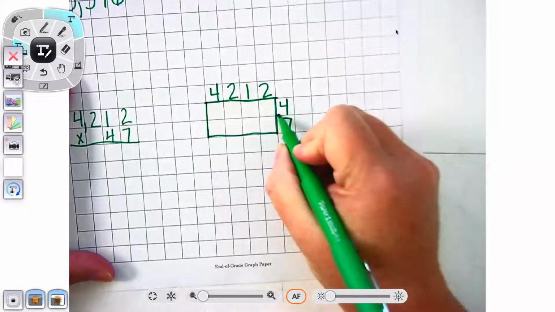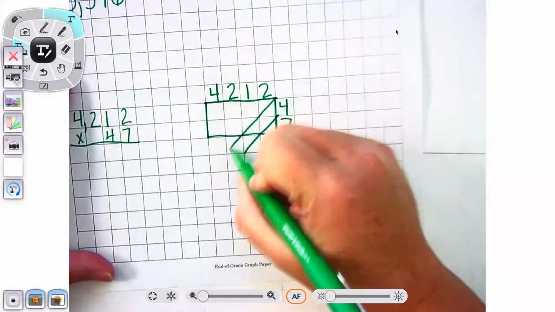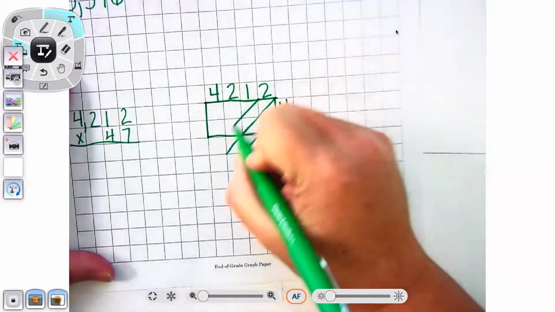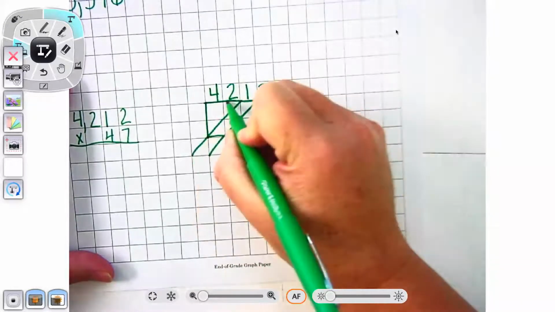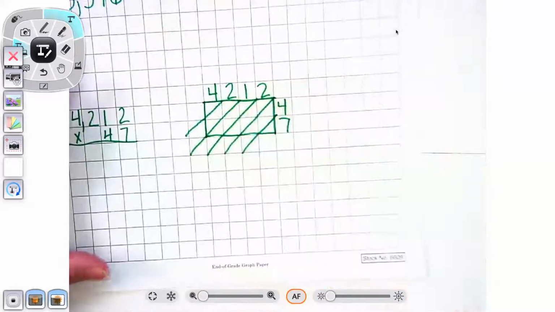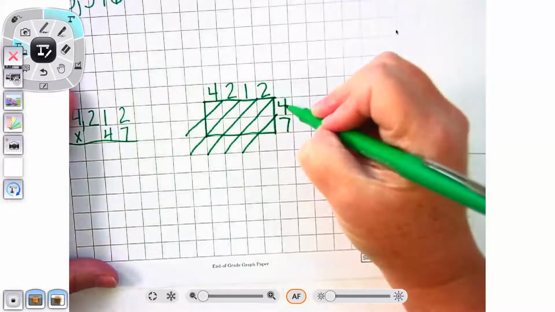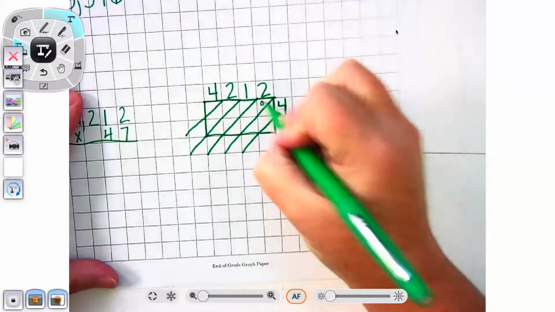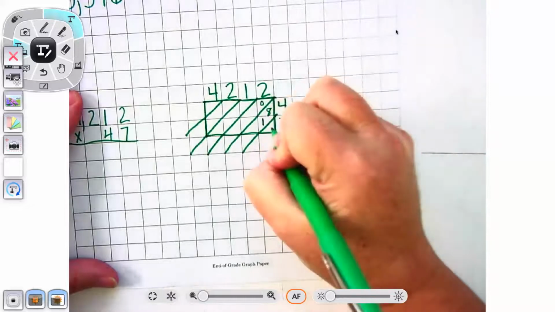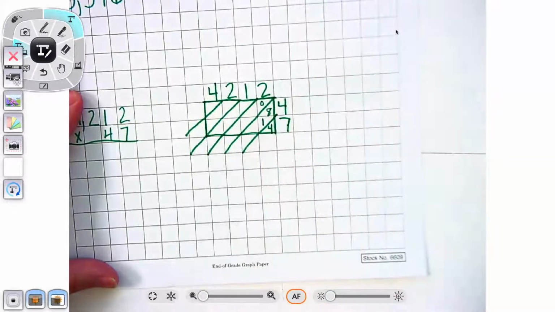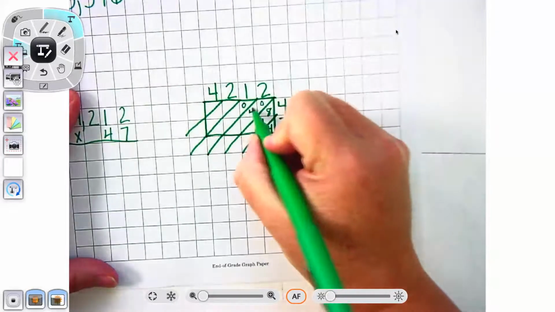All right, we're going to start by drawing our diagonals. All right, so now we're going to go ahead and do our multiplying. 2 times 4 is 8, so I'm going to write 0, 8. 2 times 7, 14. 1, 4. 1 times 4 is 4. 0, 4 is what we're going to write.